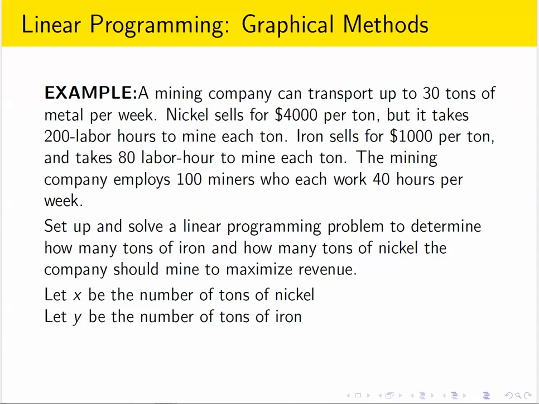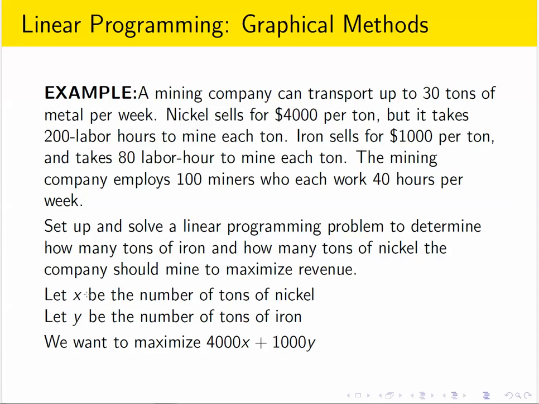We'll let x be the number of tons of nickel and y will be the number of tons of iron. And the quantity that we're trying to optimize here is the revenue, how much money we collect. Well, you get $4,000 for each ton of nickel.